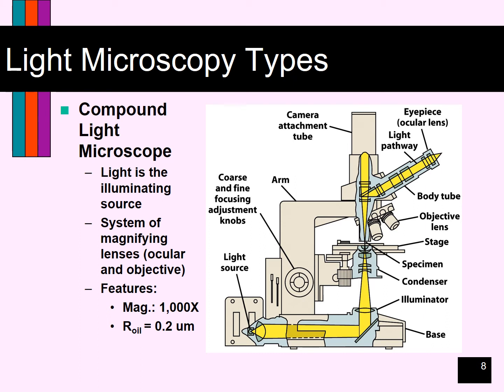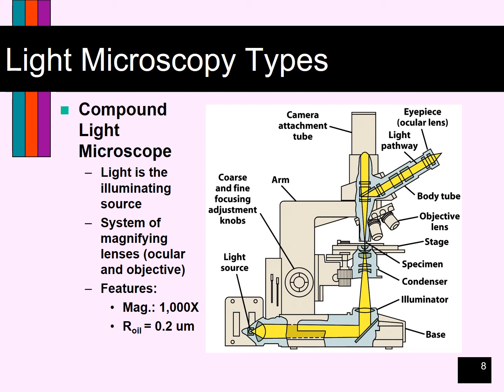But if we add oil to the top of your specimen that is on the microscope slide on the stage, and the objective lens actually goes in and touches the oil, okay, and the oil has the same refractive index as the glass that your specimen is on the microscope slide, and also the glass of the objective lens, then all of that light would move straight into the objective lens without refraction, and none of it would be lost due to refraction.